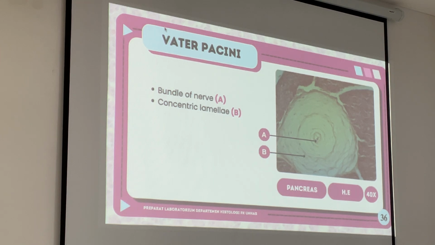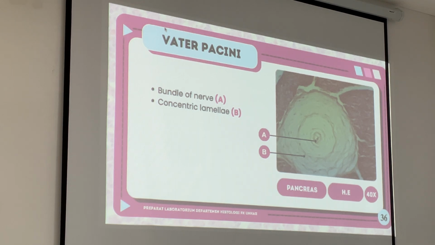And this is the Vater-Pacini corpuscle. Vater-Pacini is not only in the pancreas, but also at the ends of your fingers and toes. This Vater-Pacini corpuscle senses rough touch.